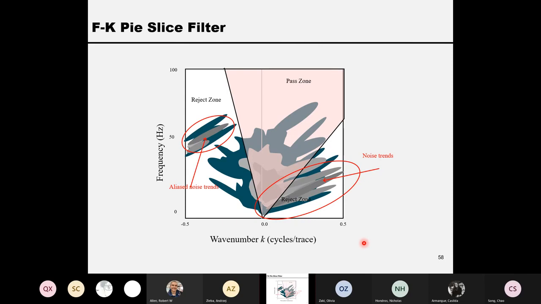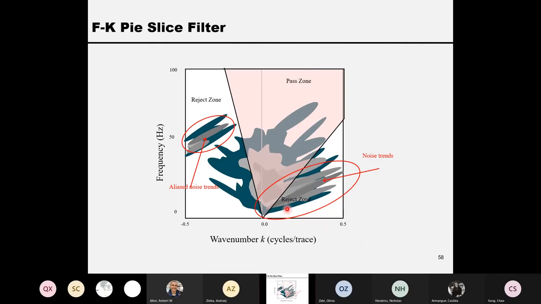Okay, so you have something here in this color we call the pass zone. That means we multiply every sample here by 1, which means we do not change, right? But outside we try to reject, we just multiply by 0 everywhere.